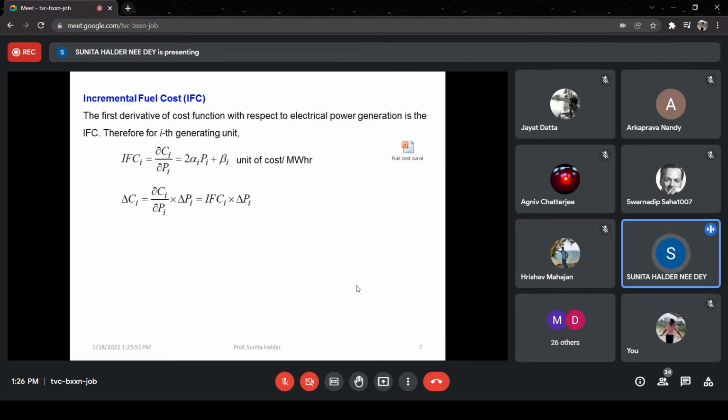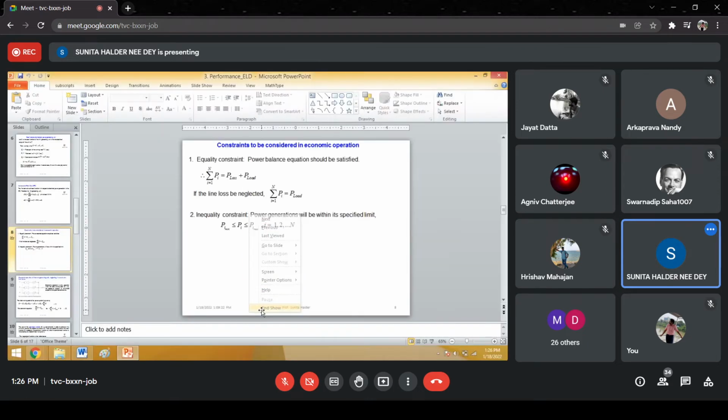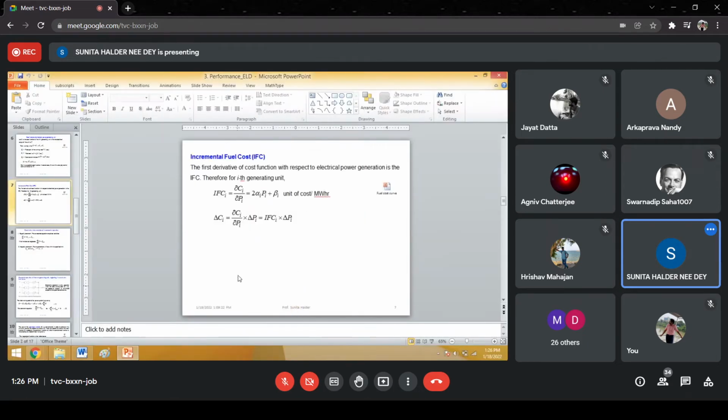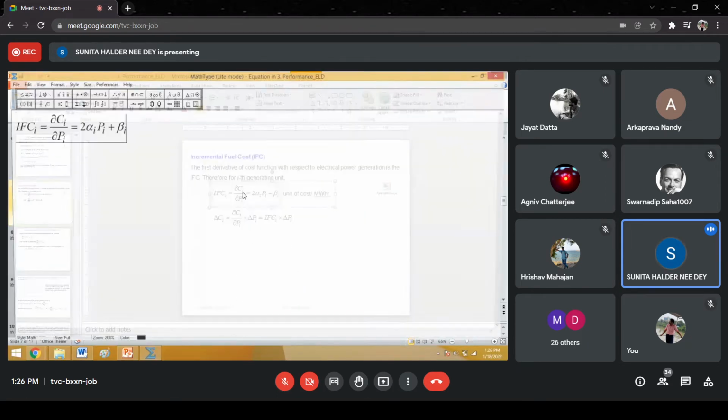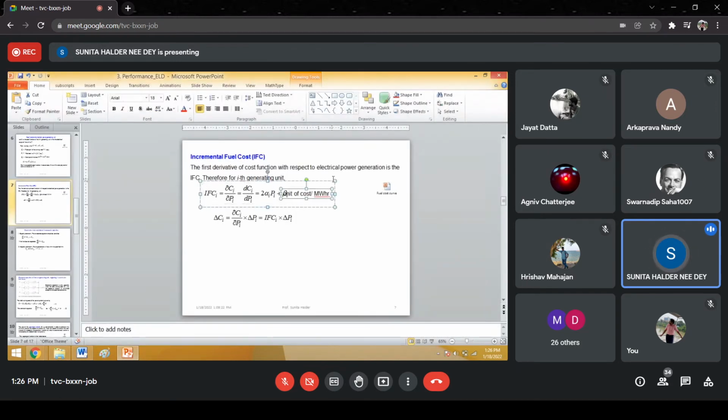Actually here I shall write one more thing. I have written del C_i by del P_i because C_i is not only a function of P, but some other factors are there. But here we are only considering it as a function of P, so we can write it in this way, right?